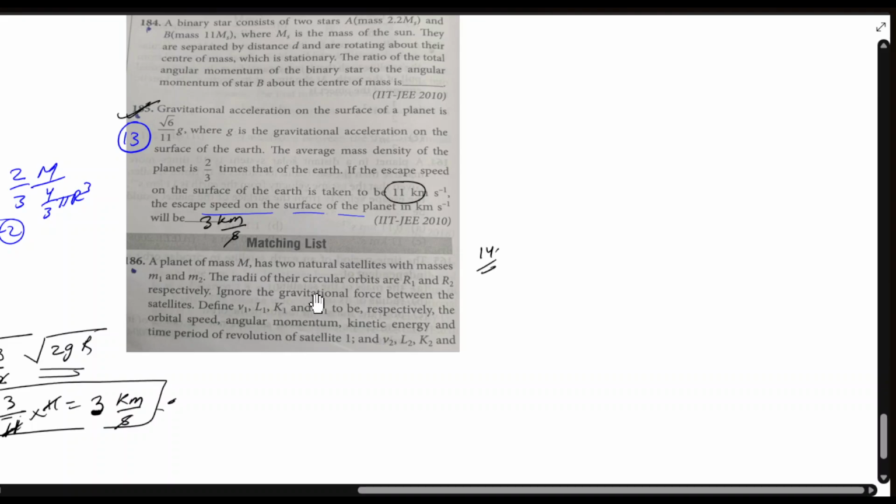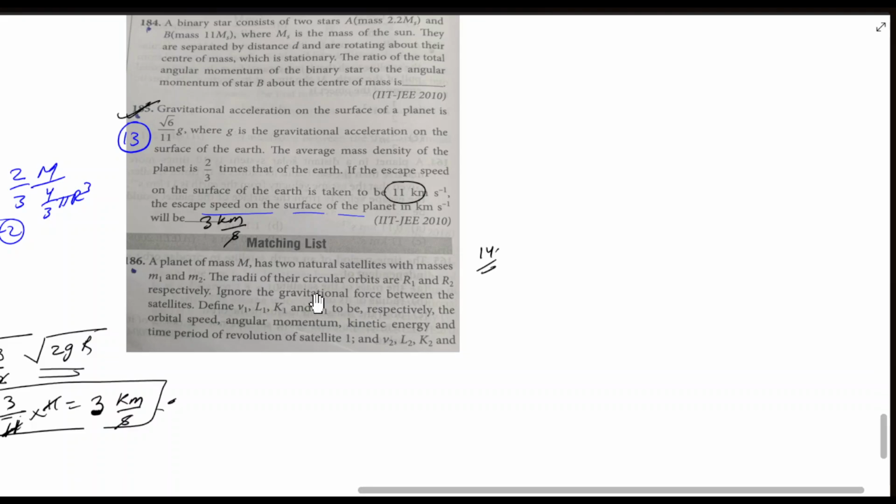Okay, let me get the options. So it was match the following. So we have to compare V1 with V2, L1 and L2, K1 and K2, and T1 and T2. We have to compare them.